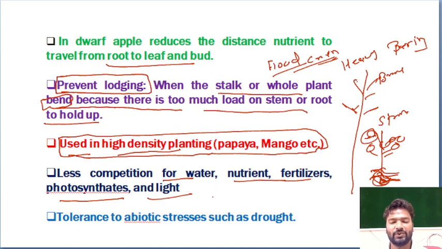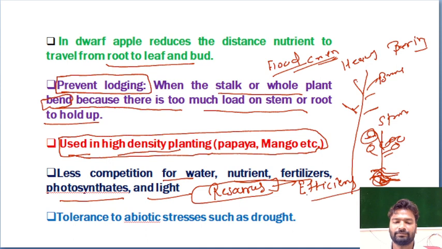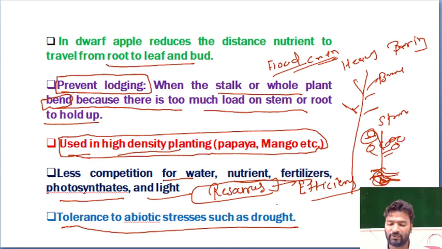So it also reduces the competition for resources. If there is less competition for resources, it means they are increasing the efficiency. And then tolerance to abiotic stresses such as drought, flood, and any other abiotic stresses.